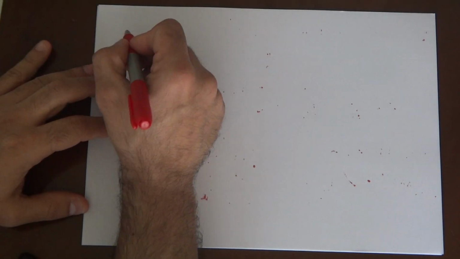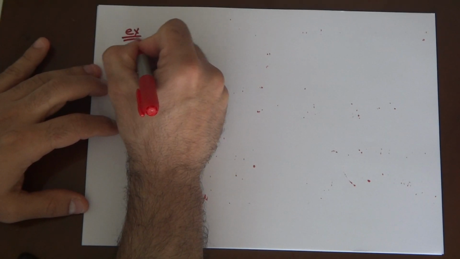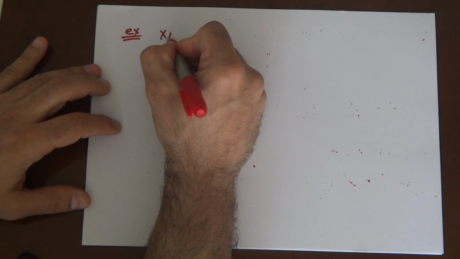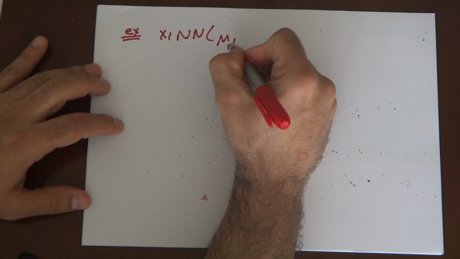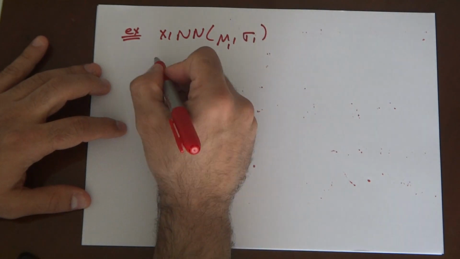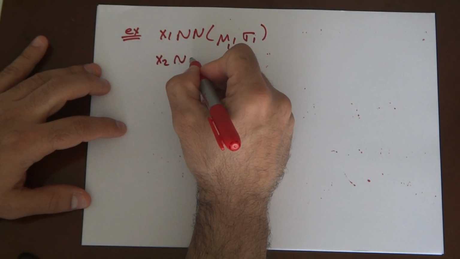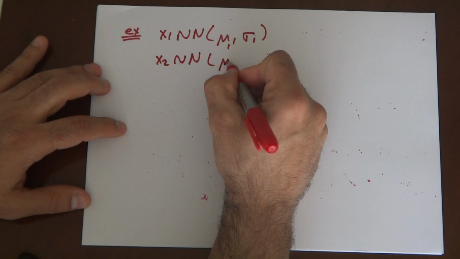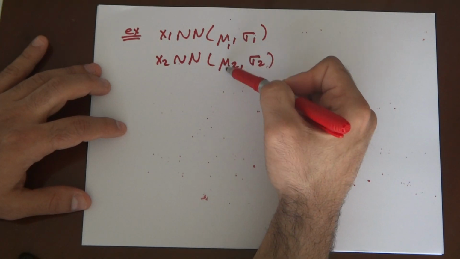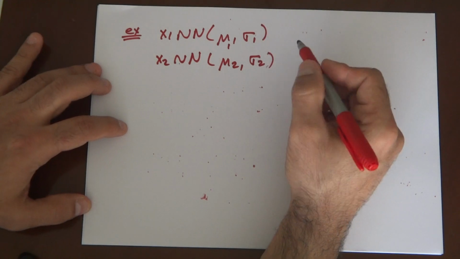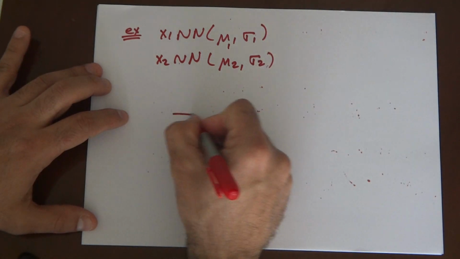Or another possibility: let's assume X1 is distributed normally with mu1 and sigma 1, and X2 is distributed normally with mu2 and sigma 2. Now we have different means and different standard deviations. So it can be anything like this.